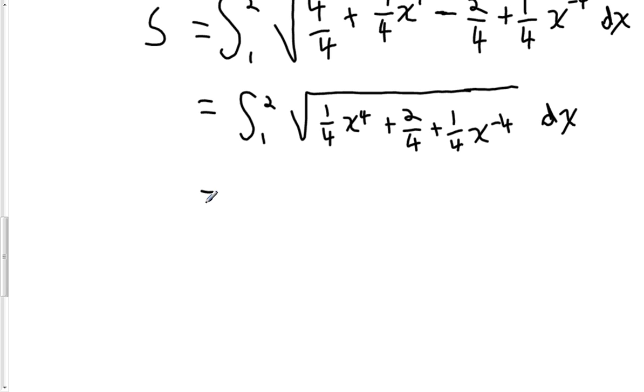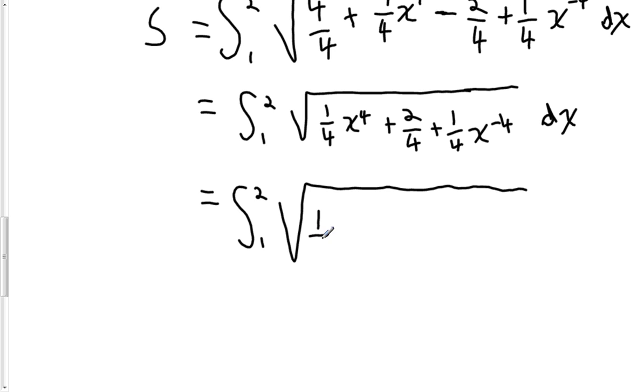They all have a denominator of 4, so I can factor out that 1/4, and if I factor out the 1/4, I can take the square root of it. So this is going to be a factor of 1/4, and on the inside I'll have x to the fourth plus 2 plus x to the negative 4, dx.